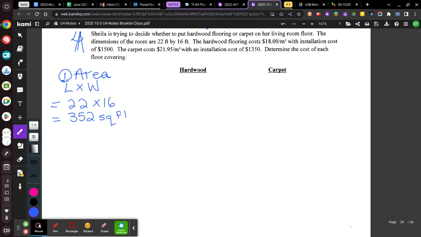But if you take a look at the questions, the money in the questions is all in meters squared. So that tells us we need to now convert.